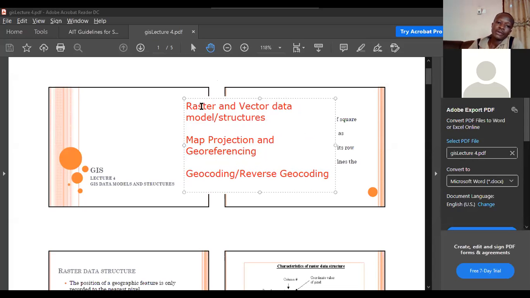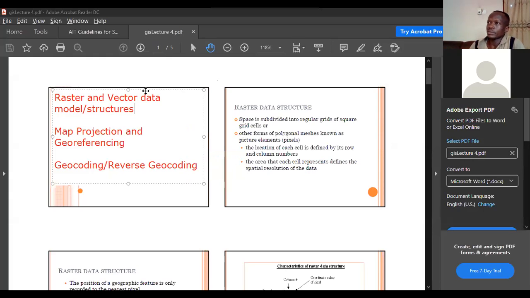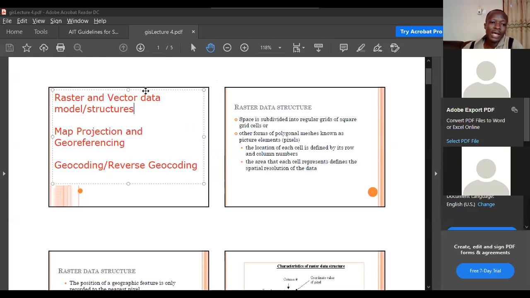So the raster and then vector data structures, the reason we have them is because we want to represent the real world. Okay, and the representation of a real thing is called a model. Is that okay? The representation of a real thing is called a model. So the raster model and the vector model are trying to represent something that exists in the real world.